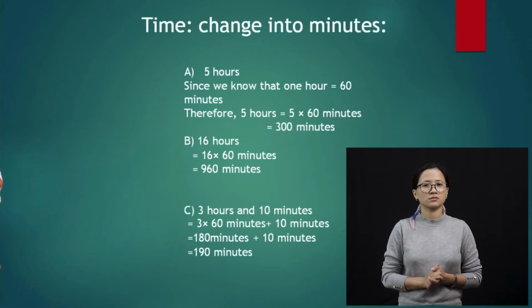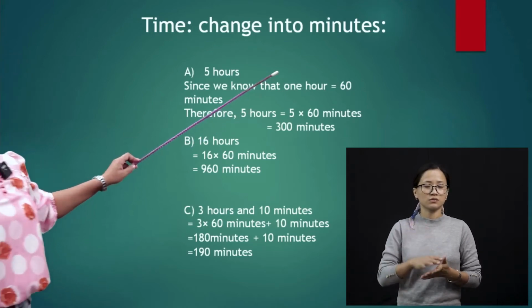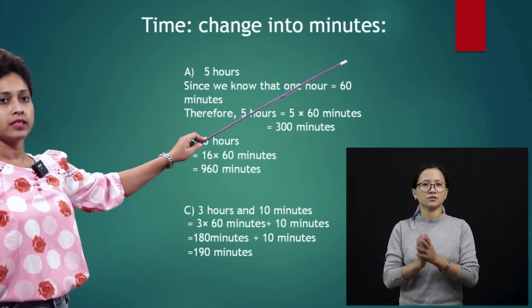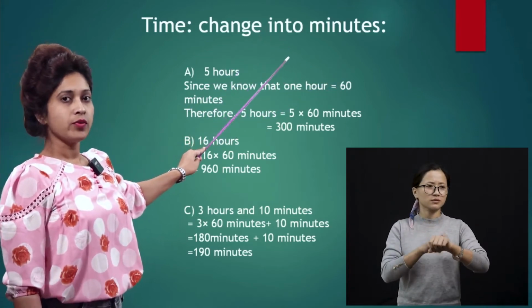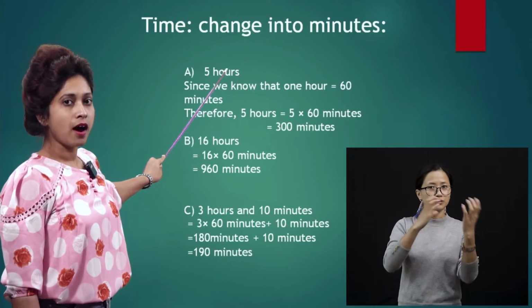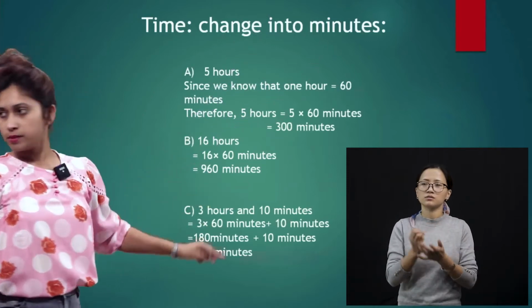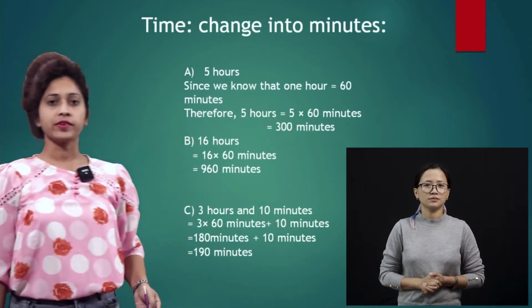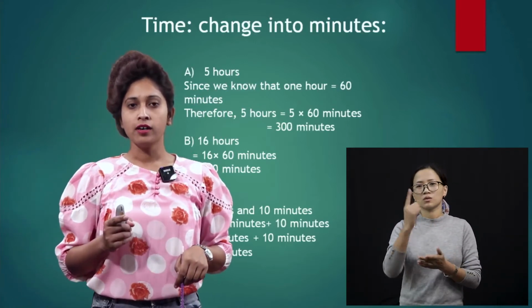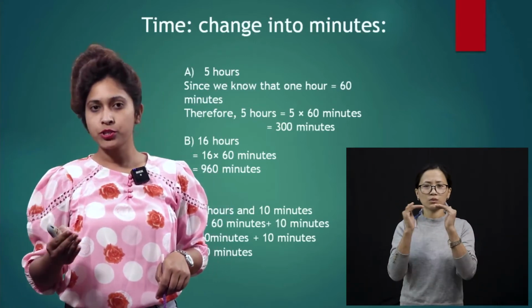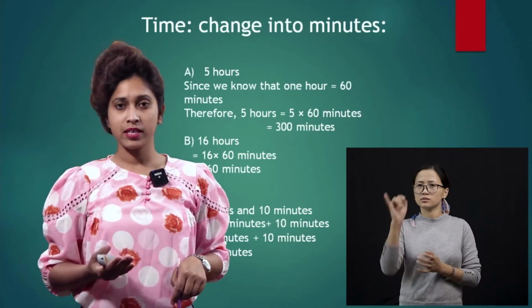See, now we are going to talk about changing into minutes. All right, children? So this is about time where we are going to change hours into minutes. Yesterday, as I have already mentioned, 1 hour is equal to how many minutes, children? It is 60 minutes, right?